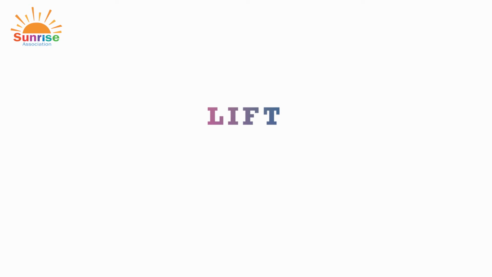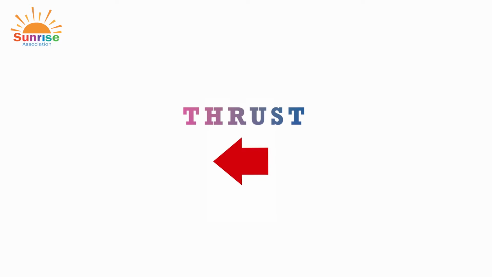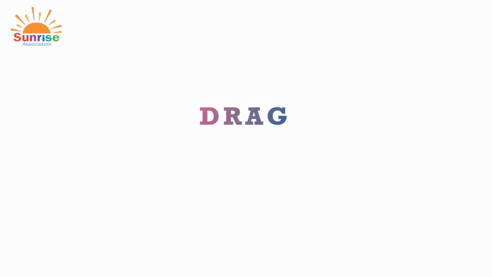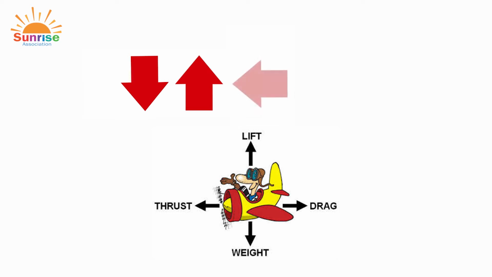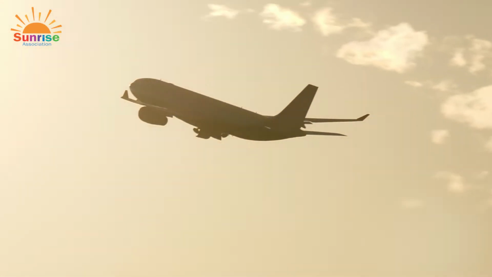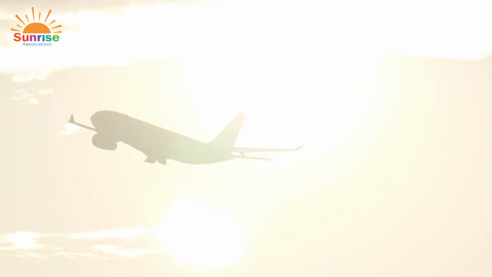Lift, when heavier than weight, allows the plane to move upward. Thrust is the forward motion of the plane, and drag is the force, like a strong wind, that pushes the plane back. So we've got downward, upward, forward, and backward forces that help make the airplane fly. All 4 of these forces are super important to any aircraft's flight.